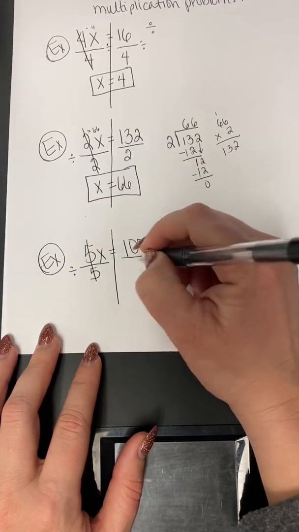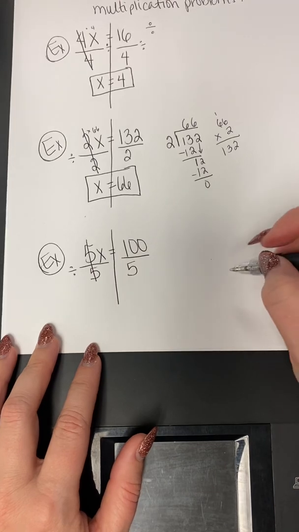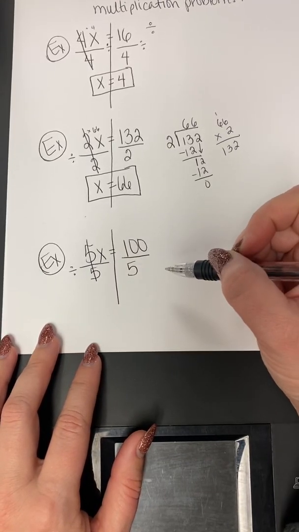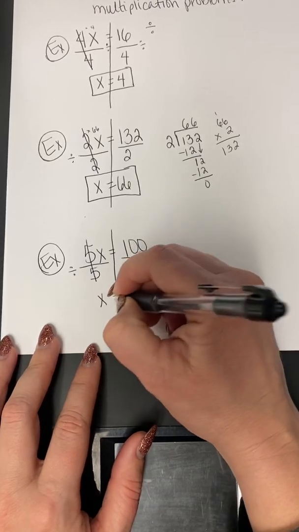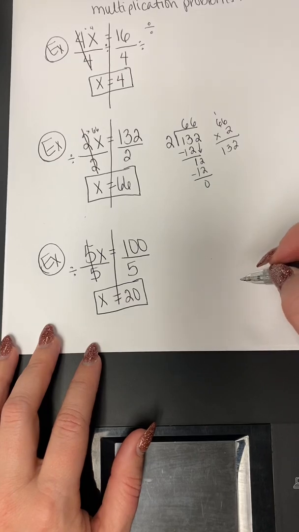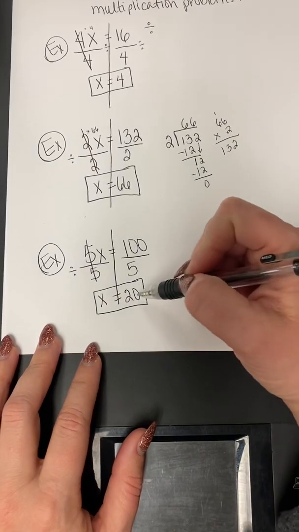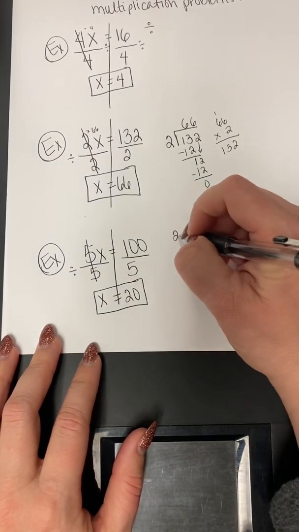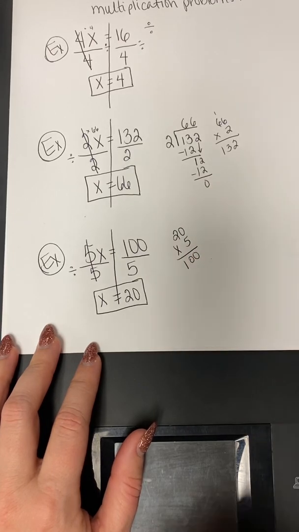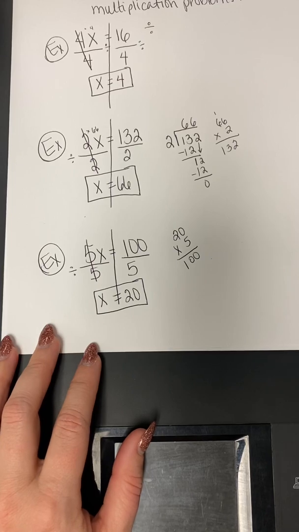Whatever we do to one side, we do to the other. What is 100 divided by 5? It's 20. So x equals 20. And if we plug it in, 20 times 5 does give me 100.